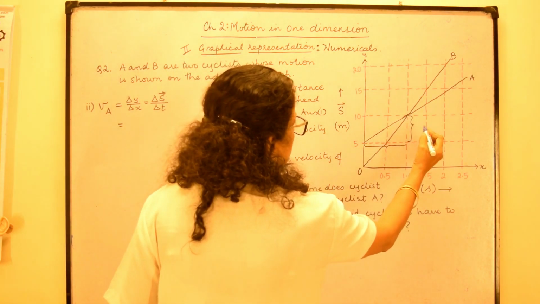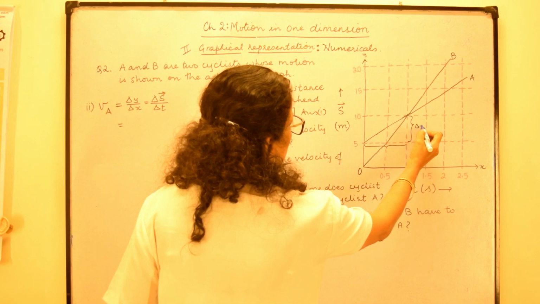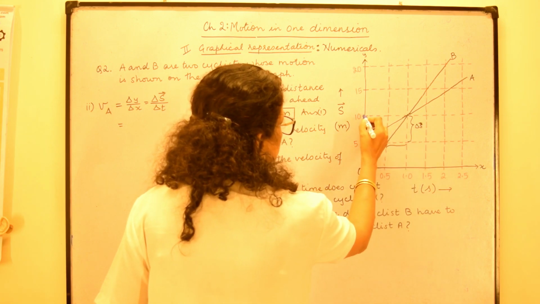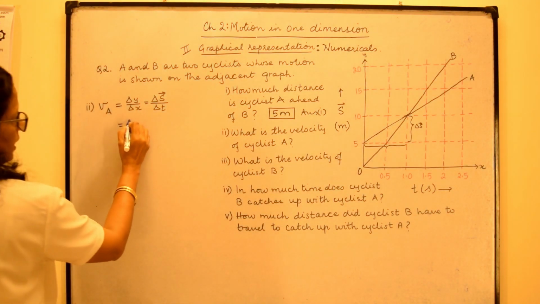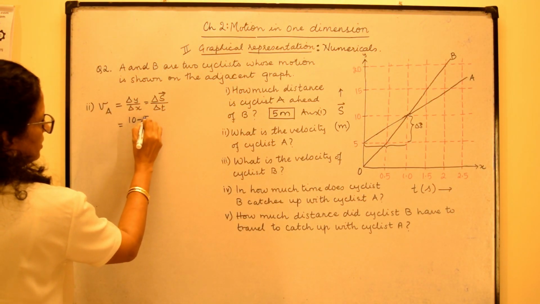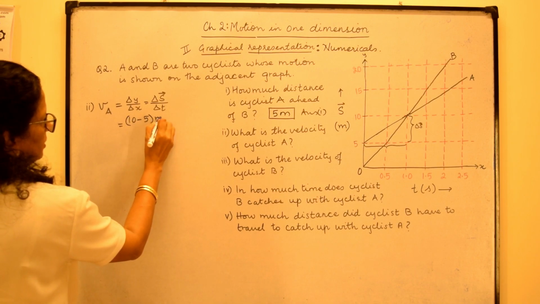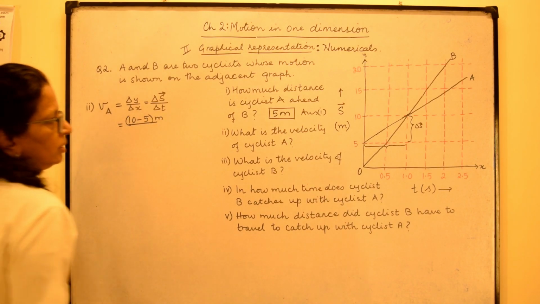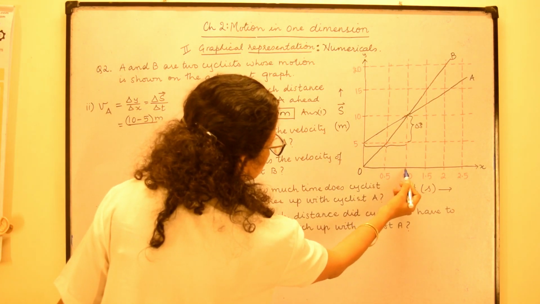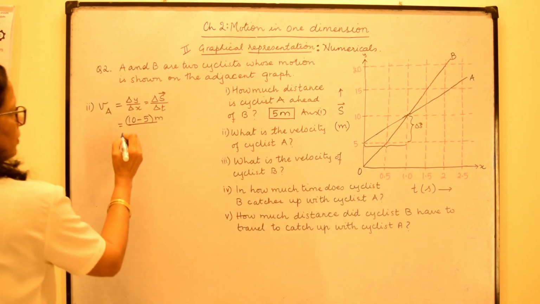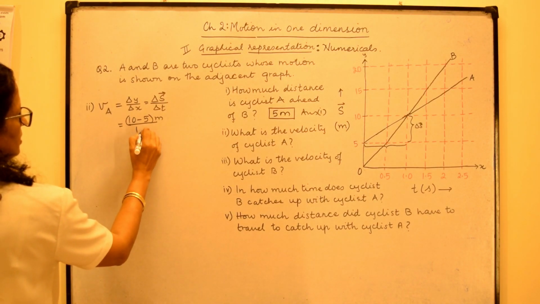Now how much is this? This is your delta s, which is 10 minus 5, which is 5. Let us write it over here. 10 minus 5 meter upon, how much is our time from here to here? It is 1 second.